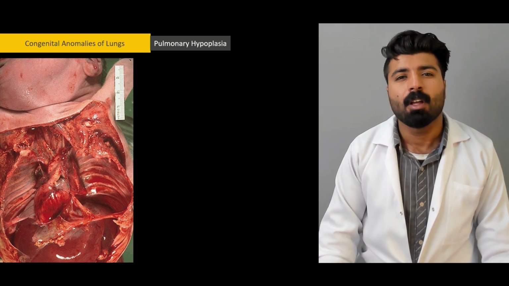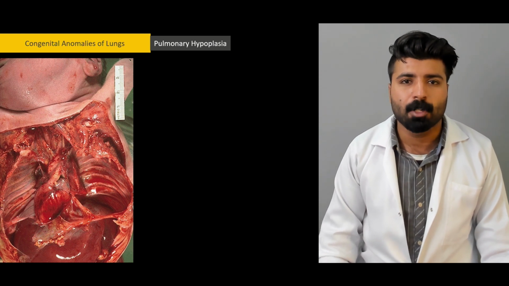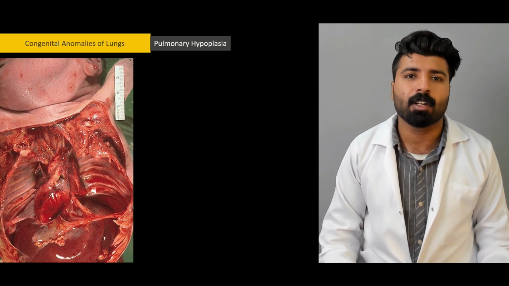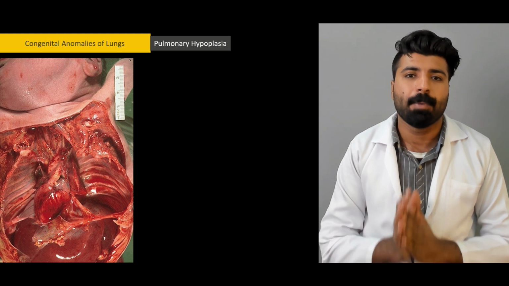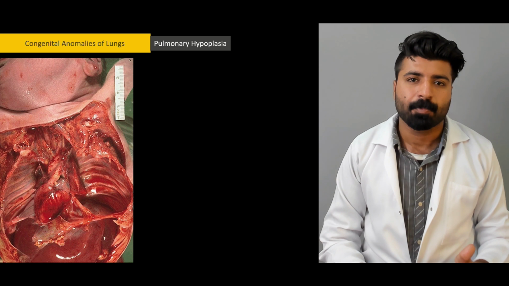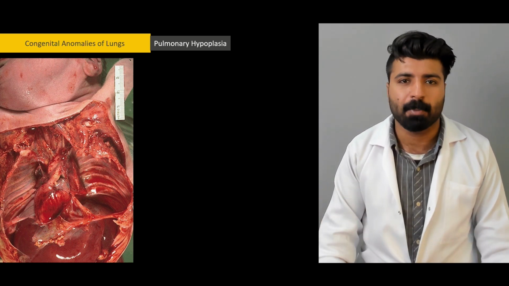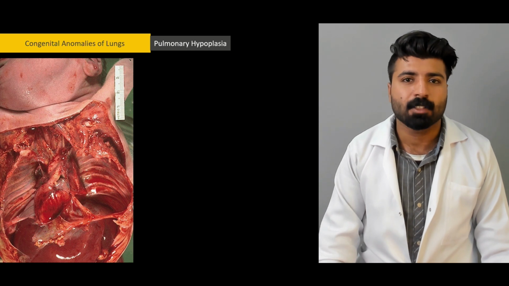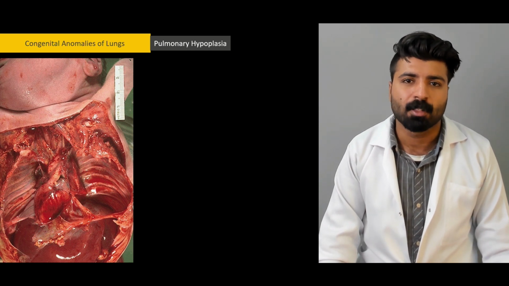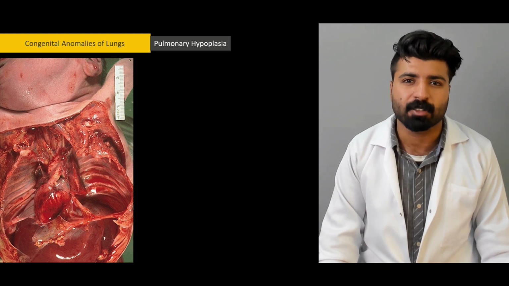In this condition, the lung parenchyma, the lung cells, the bronchioles, the terminal bronchioles, the alveoli are not in their best form or in the best numbers. They are just not enough for gaseous exchange to take place. So the sustainability of life is not possible. In many cases, it's not even possible for life to sustain in this condition.